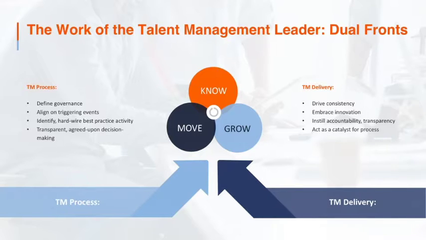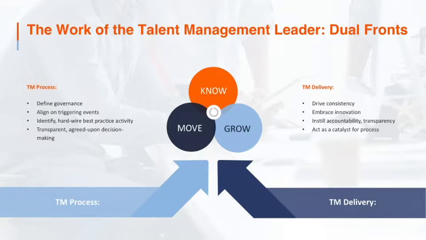So if it is selection, or onboarding, or leadership development, or succession planning mechanisms, there is work to do in defining who owns those, who are stakeholders, who has vested interest in those various processes, what are the triggering events, and then how do you hardwire best practice activity in those elements.